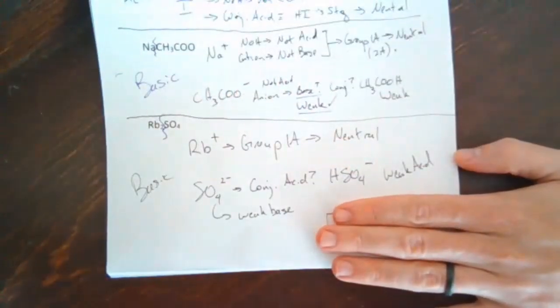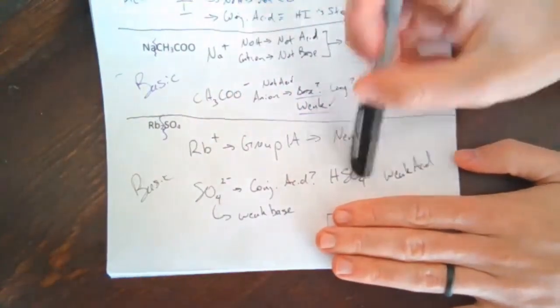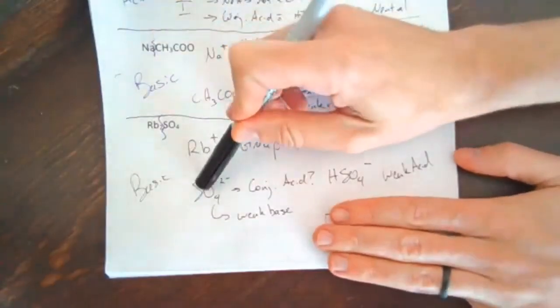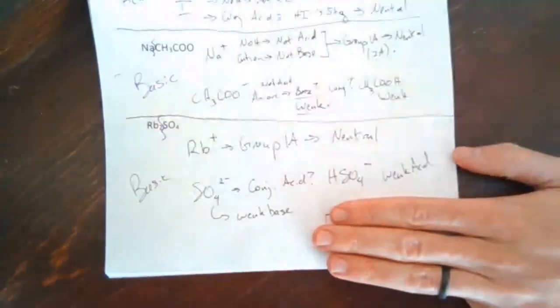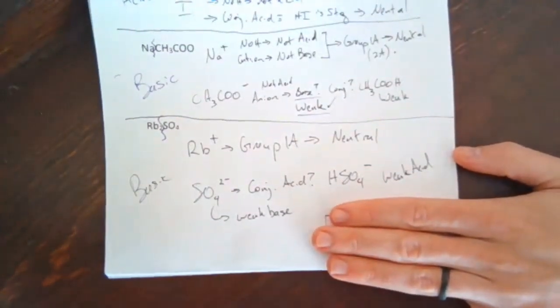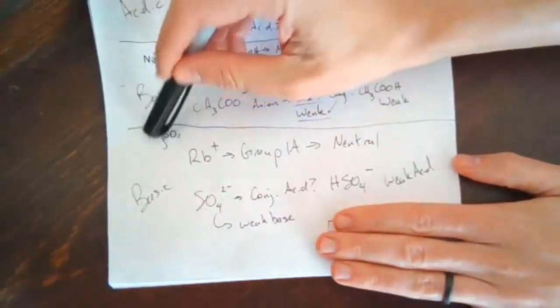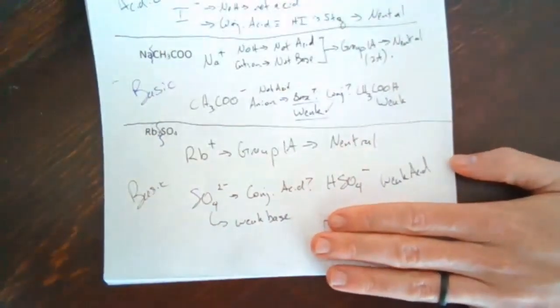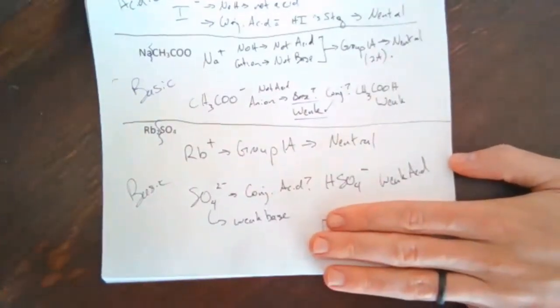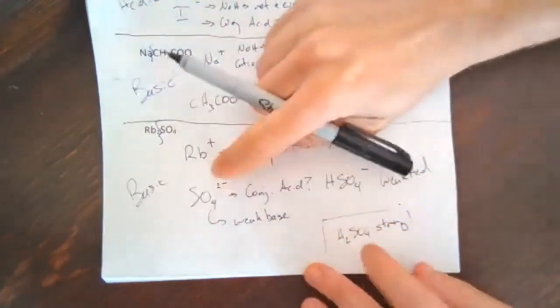It's pretty good as far as weak acids go, but it is still a weak acid. So sulfate is a very weak base, but it is still a base. Rubidium sulfate, if you dissolve it into water, will have a pH that's greater than 7. It may only be like 8.5 or 9, a very small change in the pH, but it will still be that.